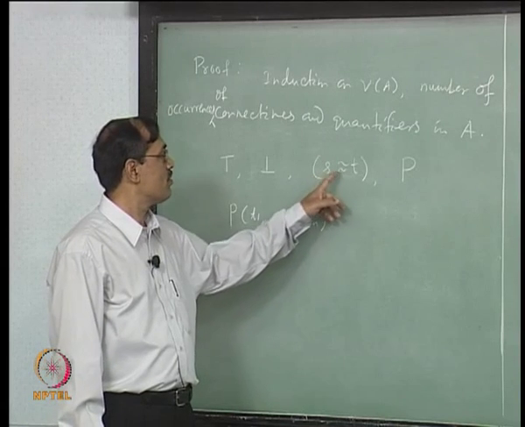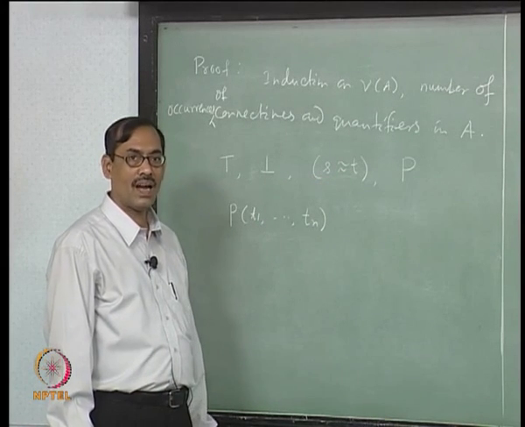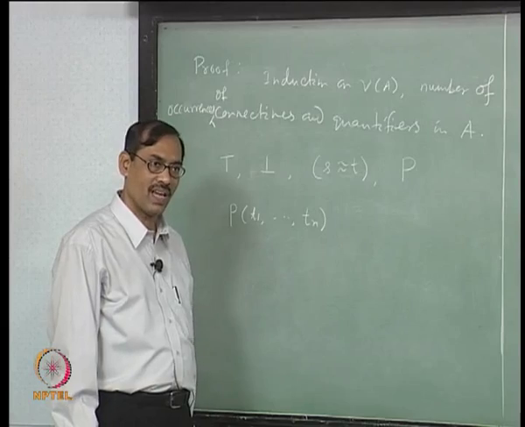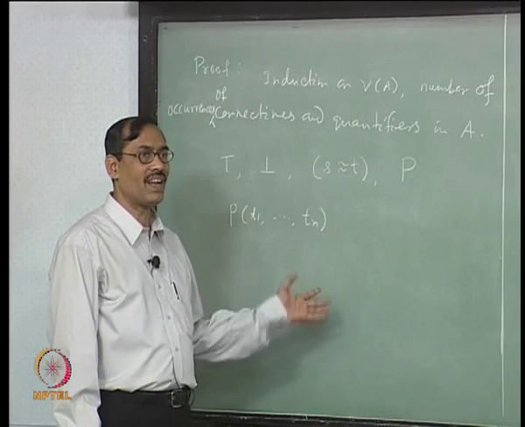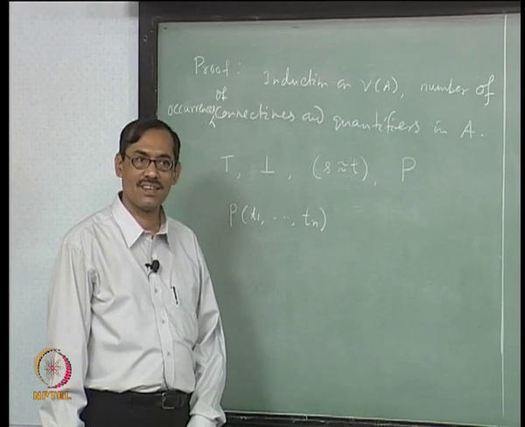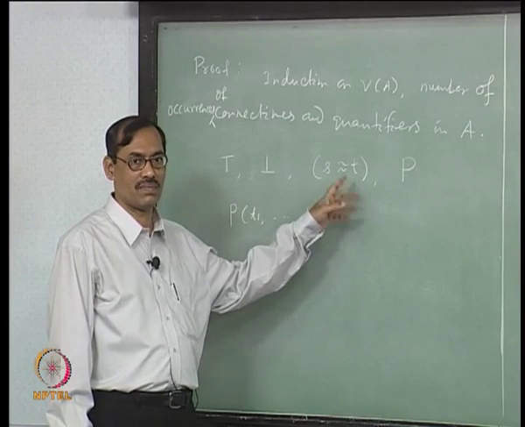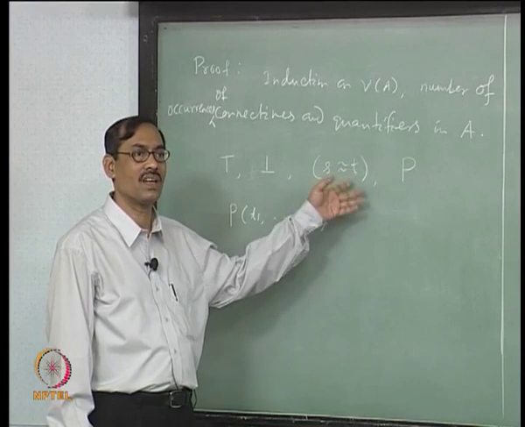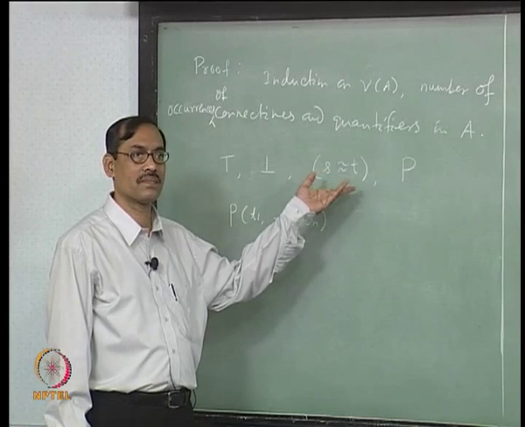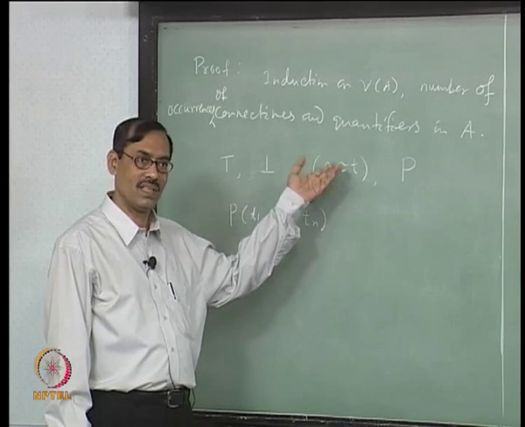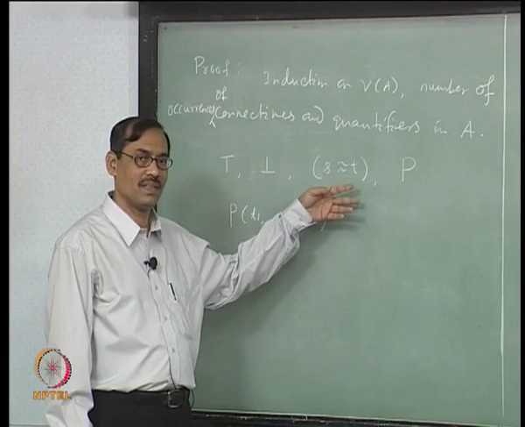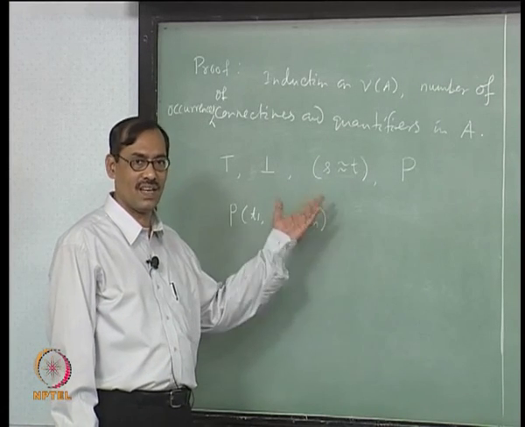So, if S equal to t and the variables are interpreted the same way, so L and L prime interpret the same way, is it okay? There again it is an inductive step on the number of variables occurring in S and t. That is again another inductive step if you do it formally, but that is clear.